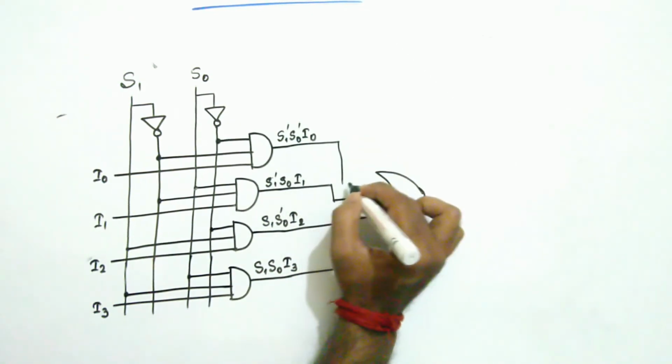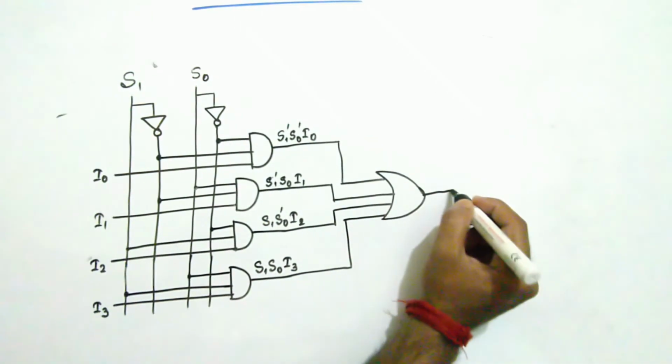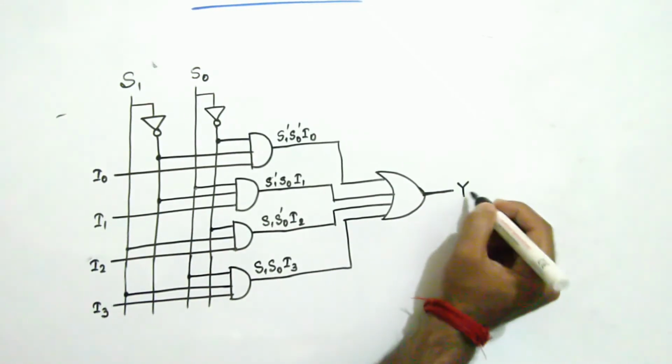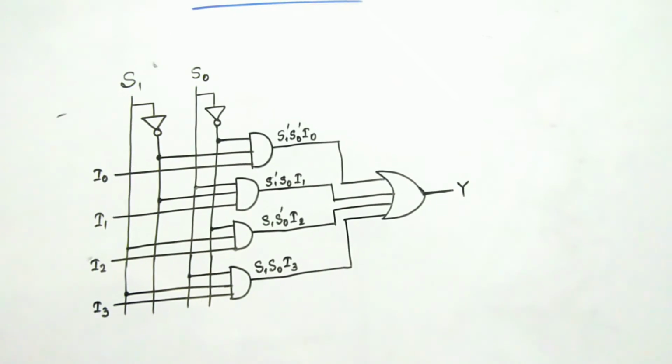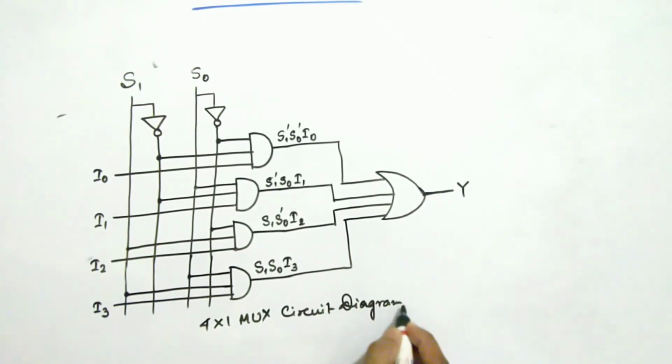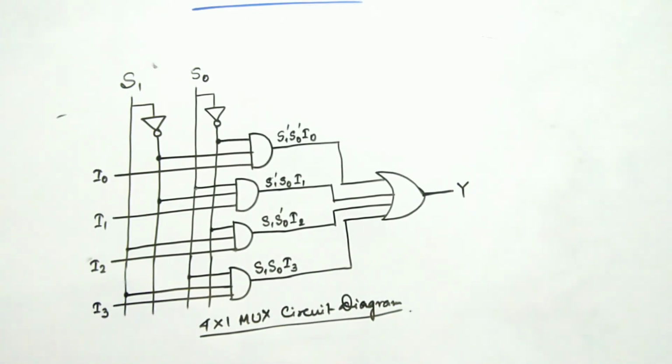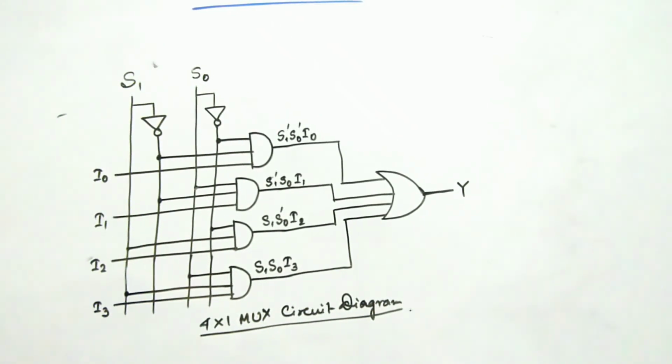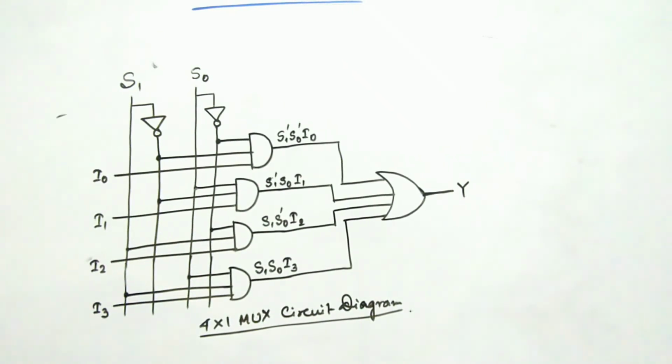So depending on the combination of the selection lines, any one line will get activated and redirected to the output Y. So this is the circuit diagram of 4x1 multiplexer. And depending on the inputs of S0 and S1, any one input line will get selected at a time, and this will be redirected to the output line.